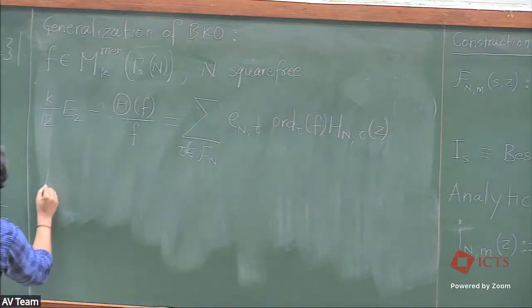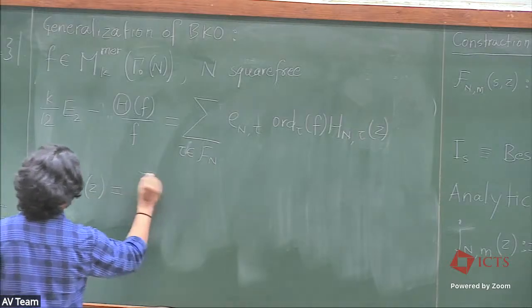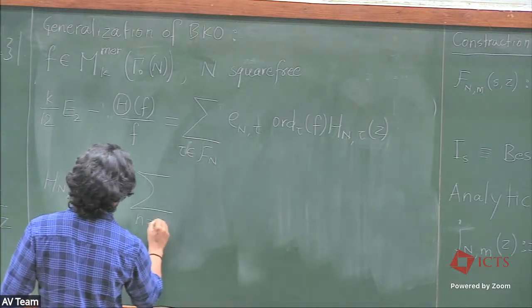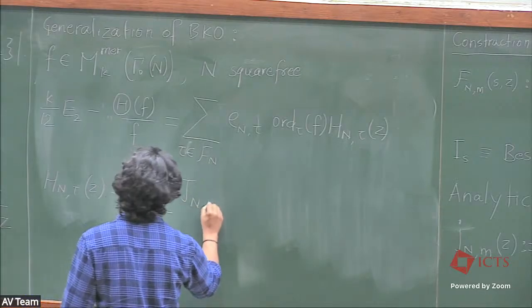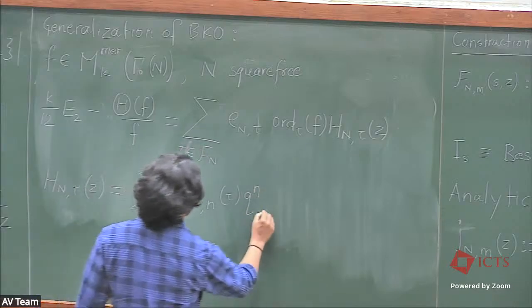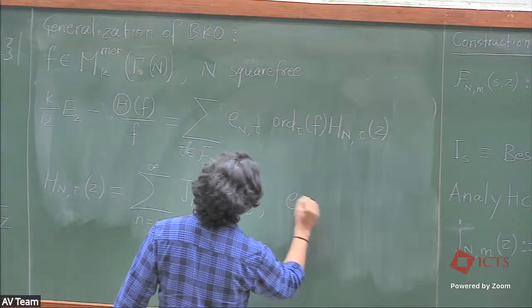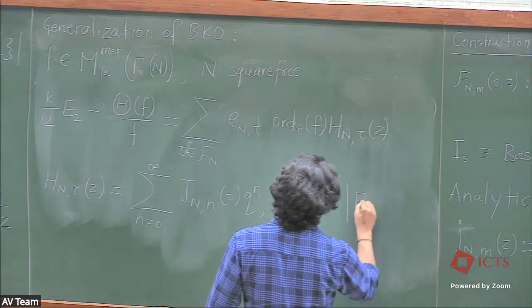And here Hn tau is basically this sum. E n tau as before is the order of the stabilizer group, but in gamma naught n now.